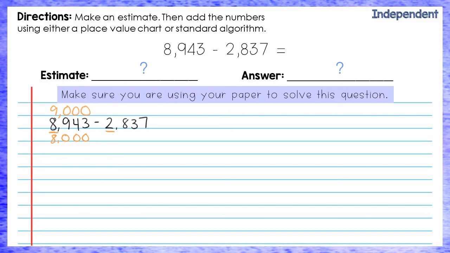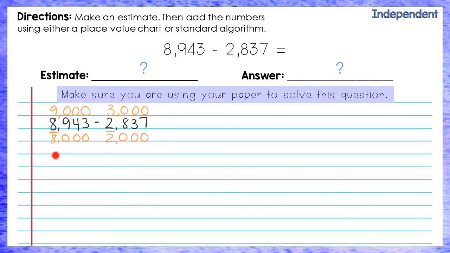2,837 can either round down to 2,000 or up to 3,000. 837 is above the midpoint of 500, so we are going to round up.